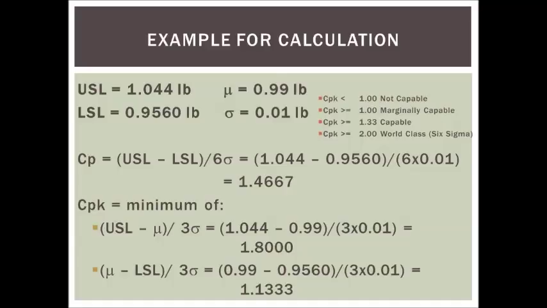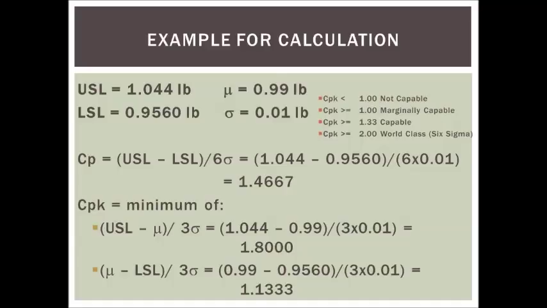So Cp is the process capability if the process were centered at 1 pound. But of course, this company does not have the process centered at 1 pound. They have it centered at 0.99 pounds. So we calculated Cpk. So Cpk is the process capability for either tail of that distribution.